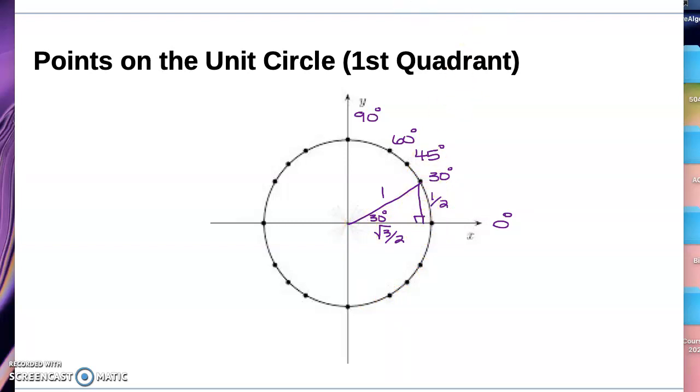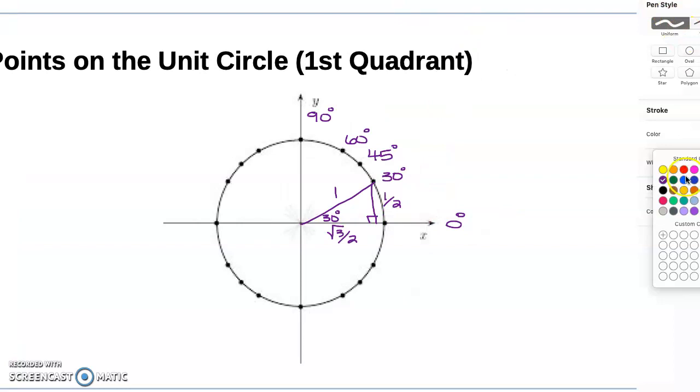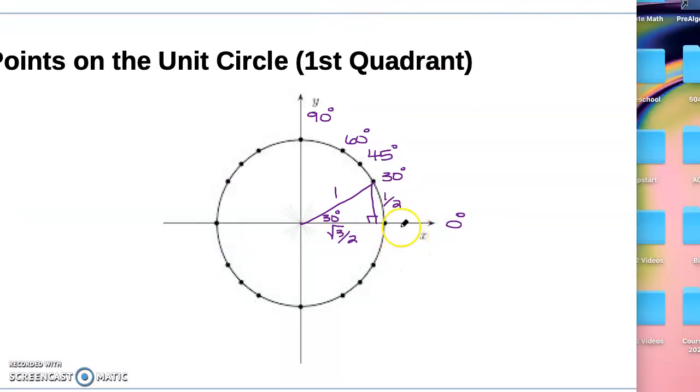Well, that's the distance that I'm moving away horizontally and vertically. So if I'm moving horizontally radical 3 over 2, that would also be the cosine of that angle in that triangle, because that's the adjacent side divided by the hypotenuse.